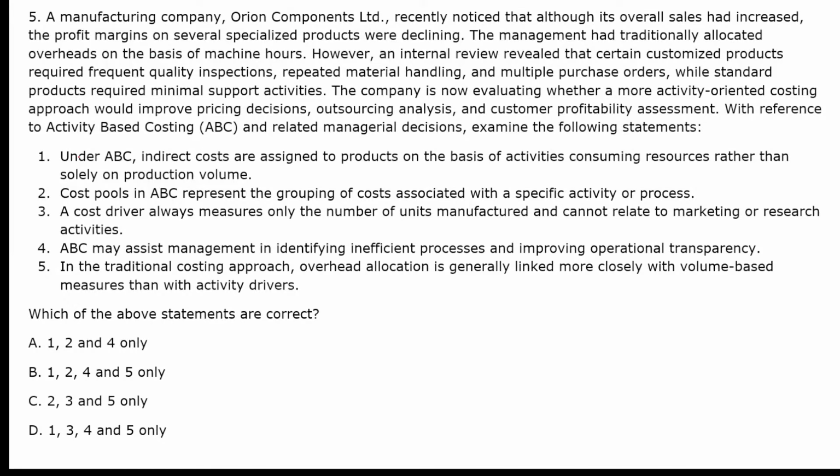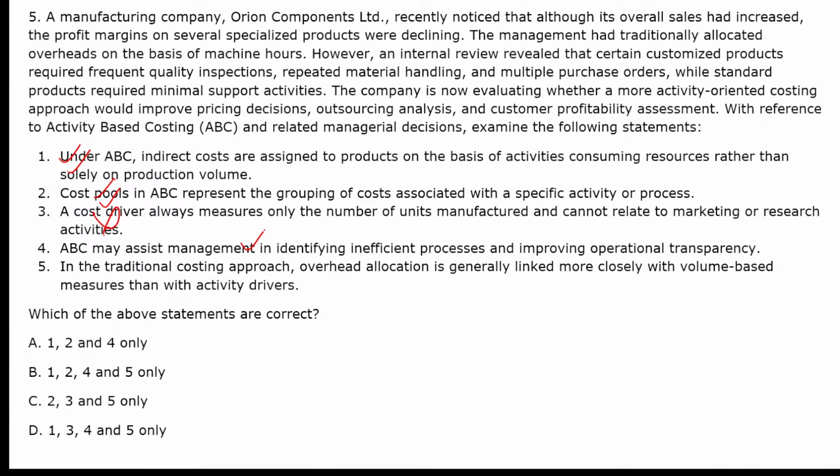A cost pool in ABC represents grouping of cost associated with specific activity or process. 100% correct. A cost driver always measures only the number of units manufactured and cannot relate to making or research activities. Wrong. You take various aspects, not just production. ABC may assist management in identifying inefficient processes and improving operational transparency.